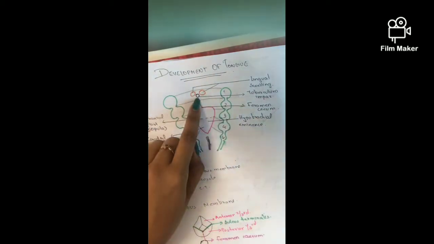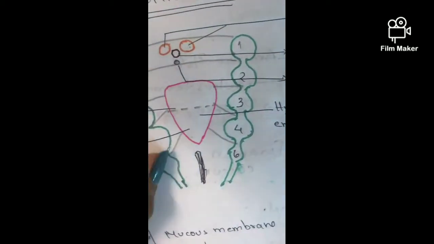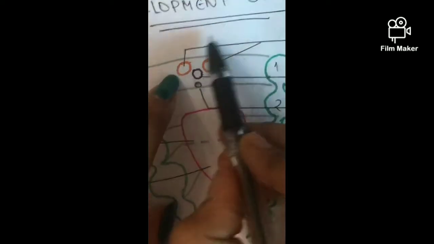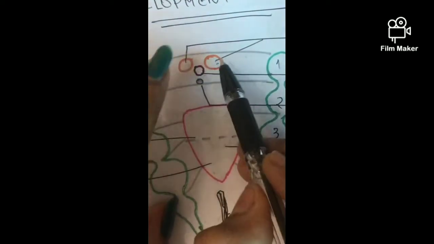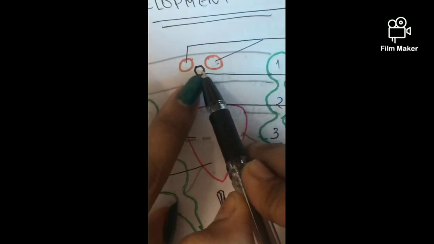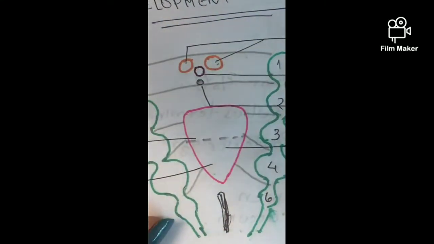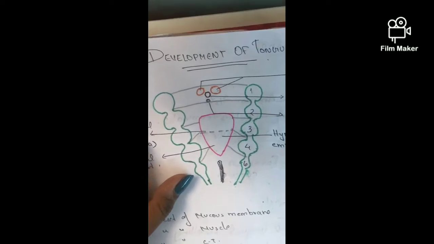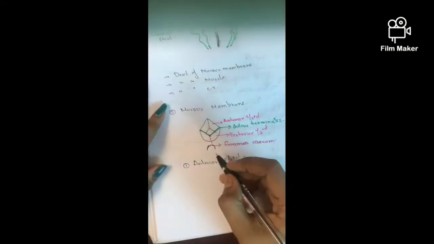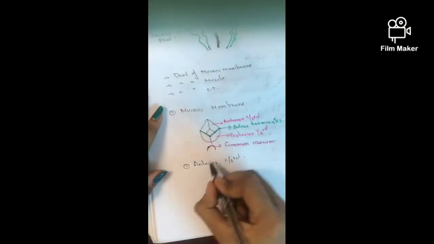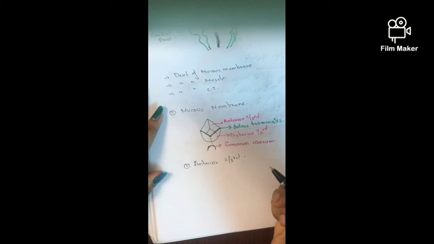They would also merge with the tuberculum impar, and this merging would result in the formation of a large mass. This large mass finally develops into the anterior 2/3 portion of our tongue.